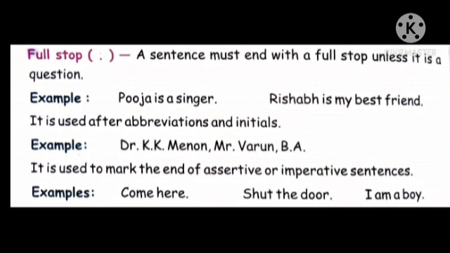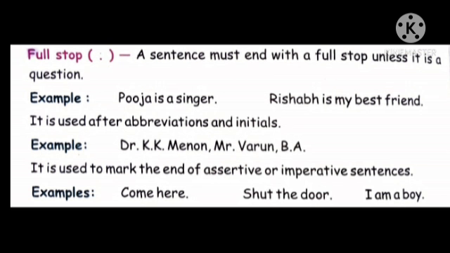And the next is it is used after abbreviations and initials. For example, Dr. K. Menon, Mr. Varun, B.A. Here after abbreviations and initials we use full stop. And the next is it is used to mark the end of assertive or imperative sentences.